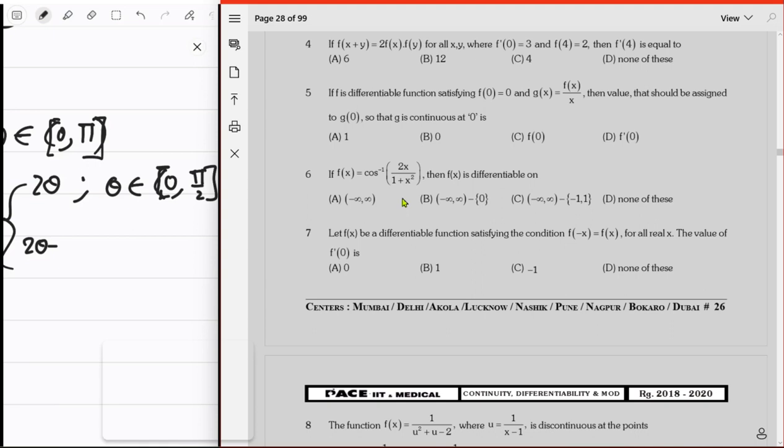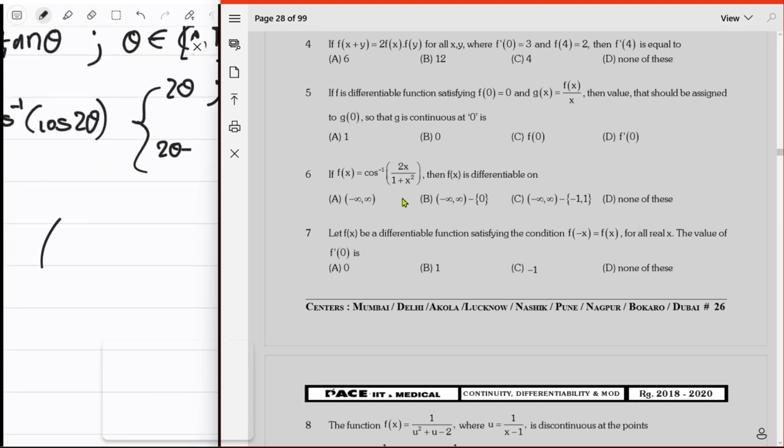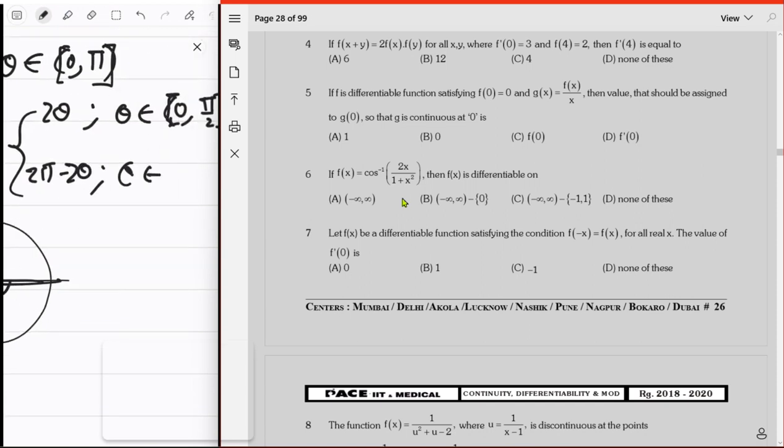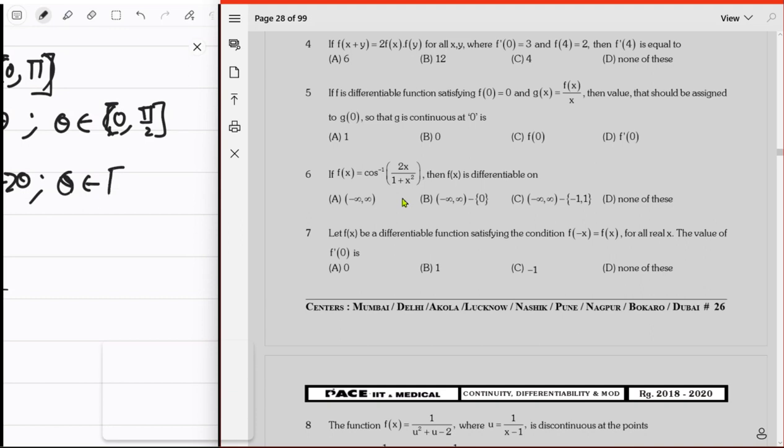Like 2 pi minus, yeah, that makes sense. So our 2 theta value, this is more than pi now, right? So this thing is really the angle that you are looking for. So it's just 2 pi minus 2 theta that you look for, right? So that should be the thing, 2 pi minus 2 theta when theta belongs to pi upon 2 to pi.